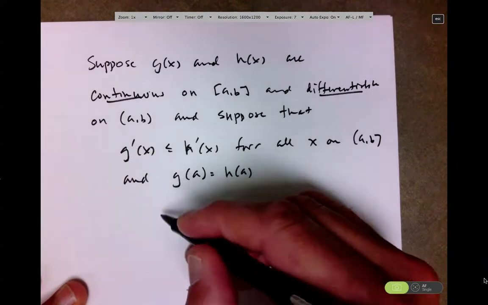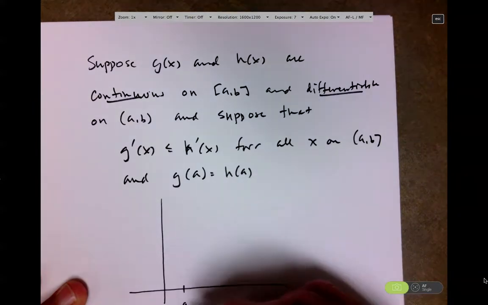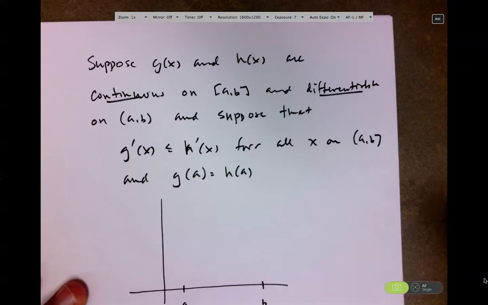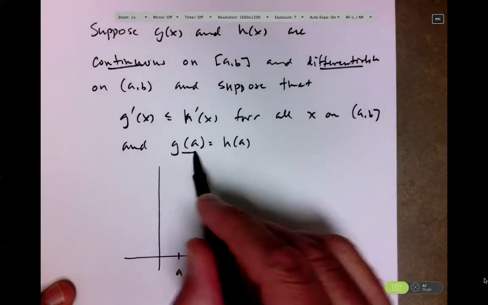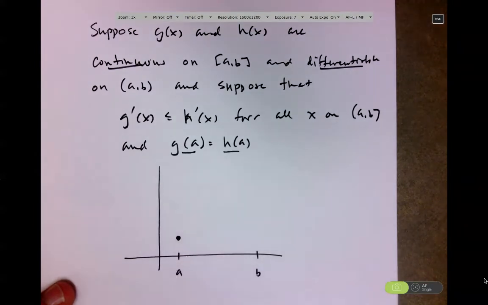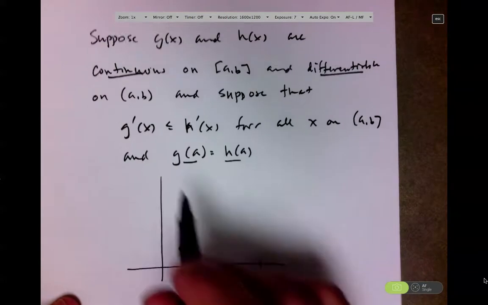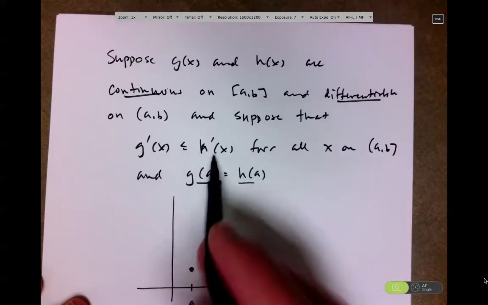All right, so let's see what this might look like. We've got some number a here, and some number b over here. First of all, g of a and h of a are the same, so let's say they're both equal to this value. Then we've got this idea that g prime is less than or equal to h prime.